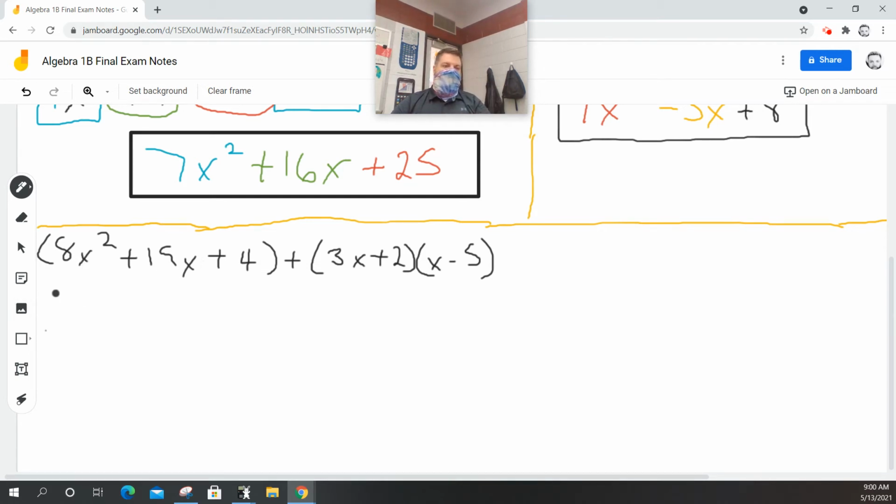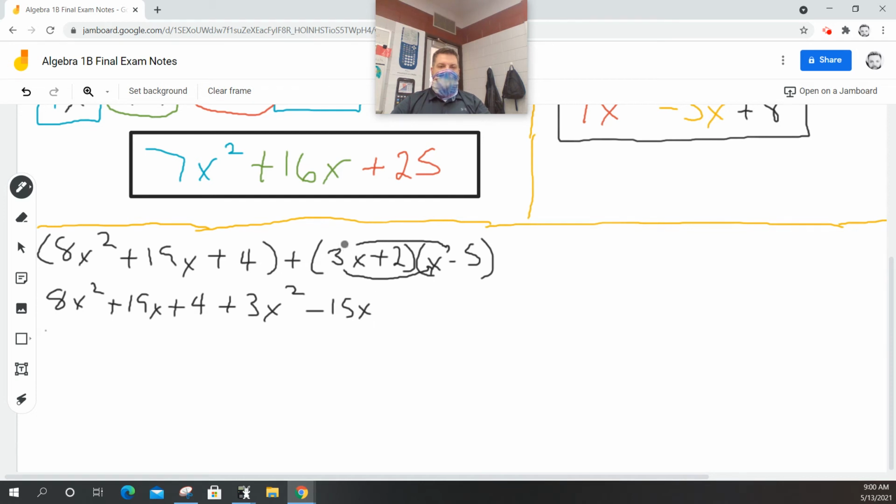So I'm going to say 8x squared plus 19x plus 4. And then I'm going to say 3x times x is what? Positive 3x squared. Now for the next one, I'm going to say 3x times negative 5, which is negative 15x.